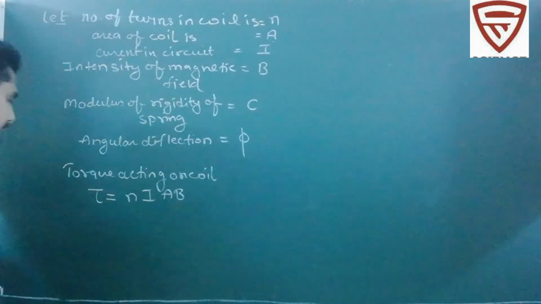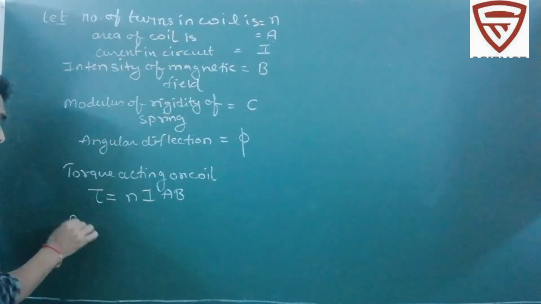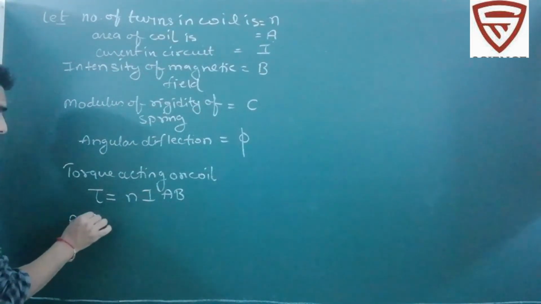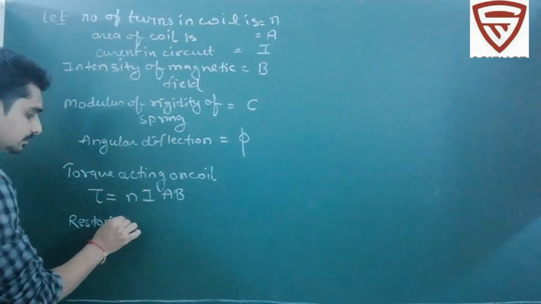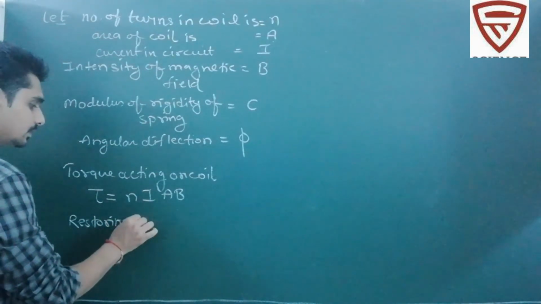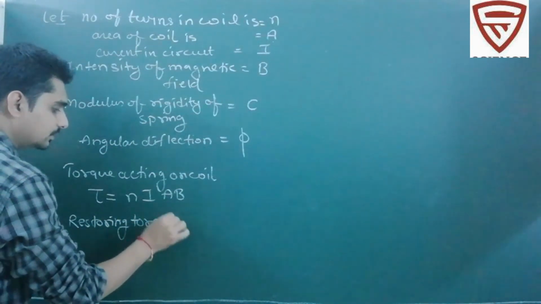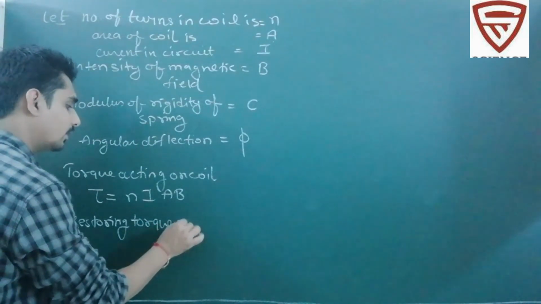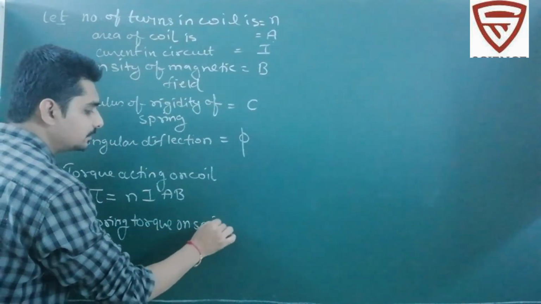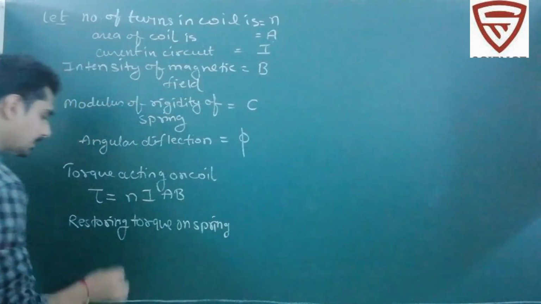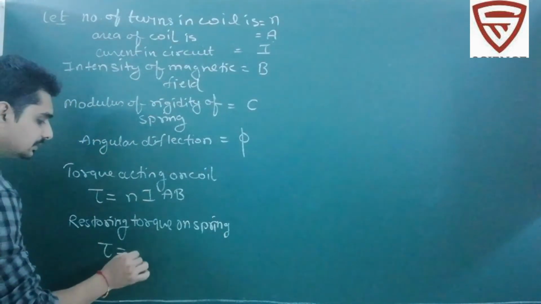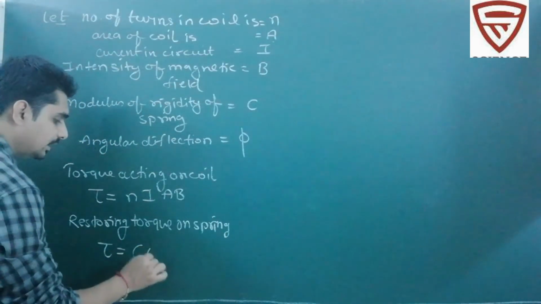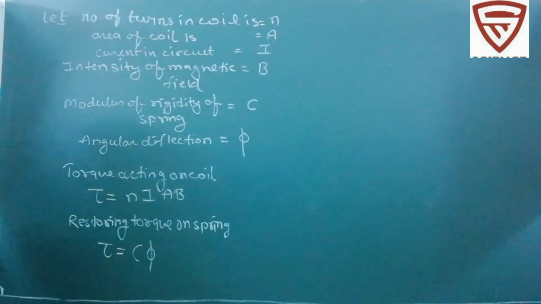So a restoring torque will act on the spring, and it will be tau equals C into phi.